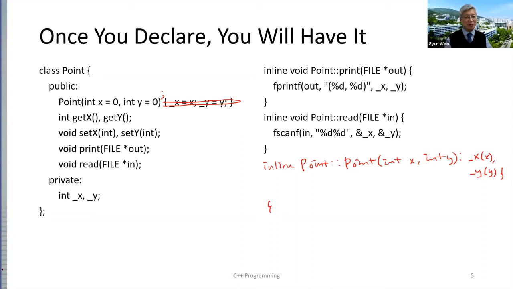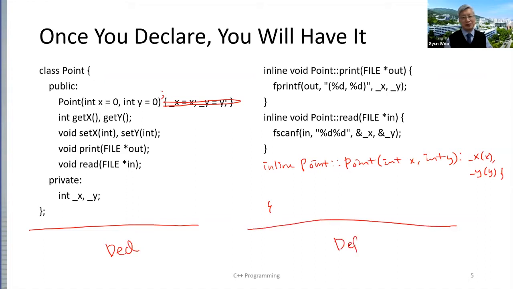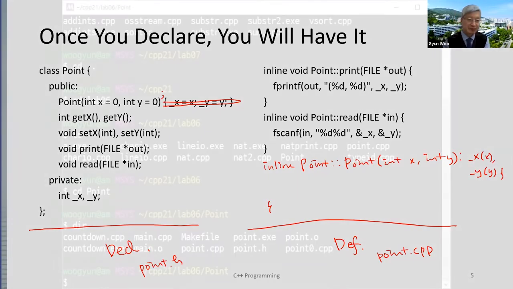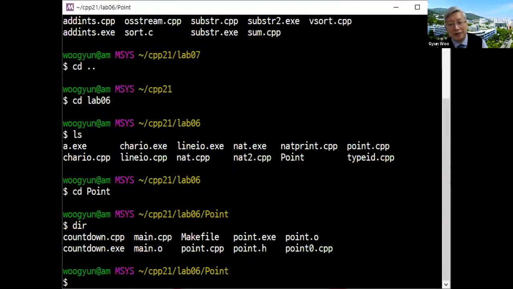So up to here, the left side is called a declaration, and the right-hand side is called a definition. Declarations may be stored in point.h, and definitions may reside in point.cpp. That is the story of declaration and definition. So you know that you can find point.h.